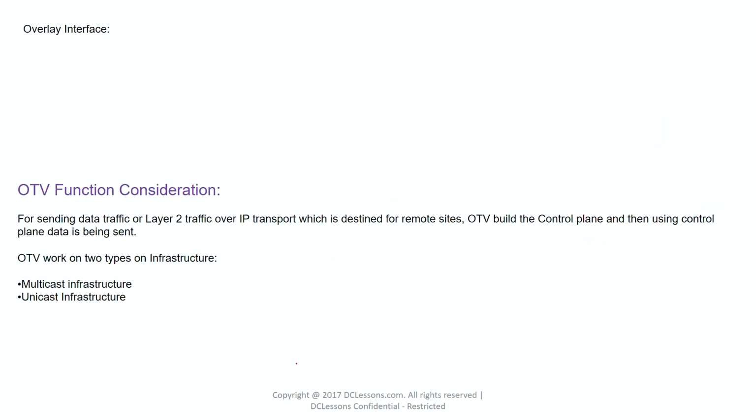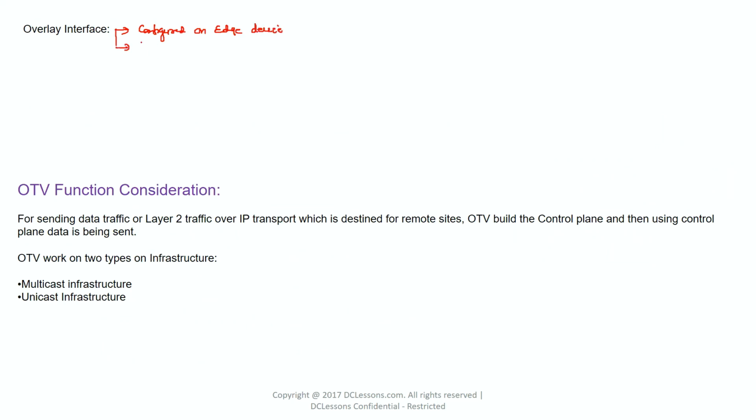Now comes the overlay interface. This is a logical interface. Just like an interface VLAN, which we configure on a normal core or distribution switch, a logical overlay interface is configured on the edge device.